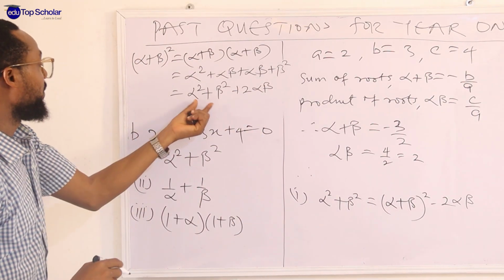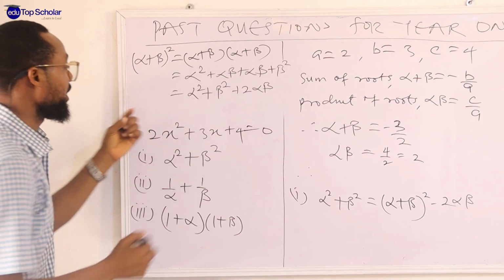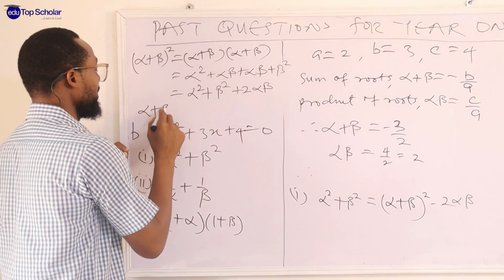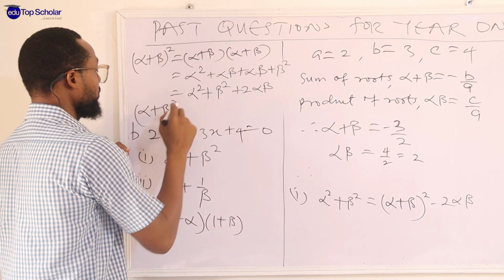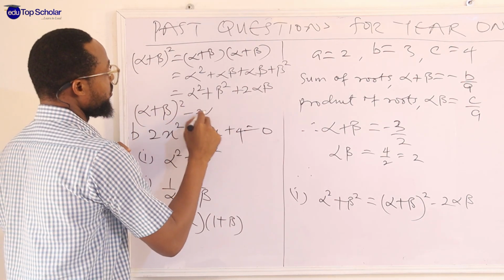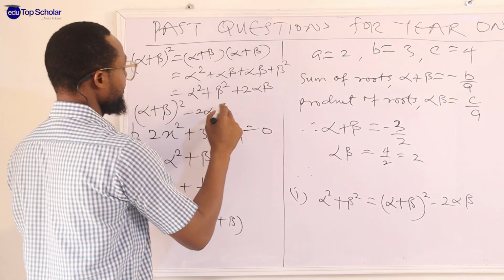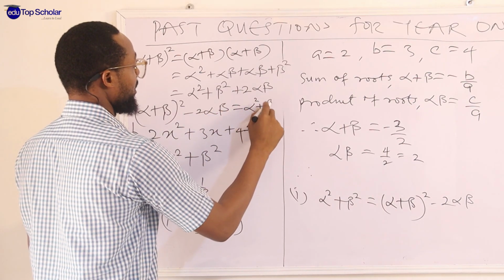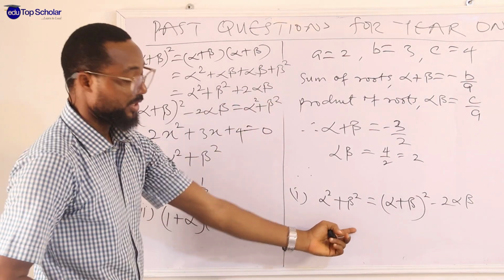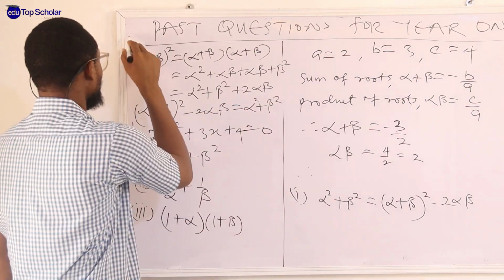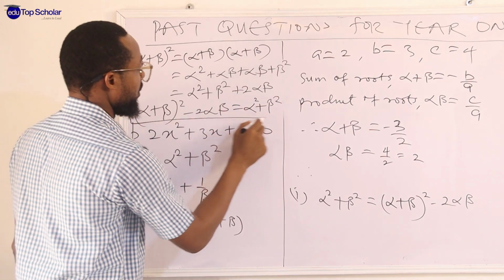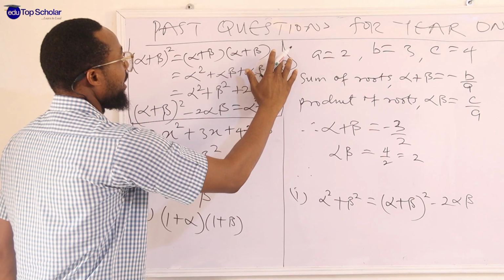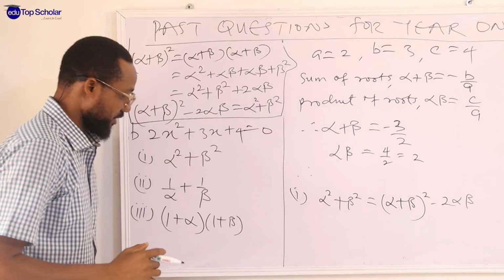So, from here, if I want to get alpha squared plus beta squared, by the time I take this guy to the other side, I have alpha plus beta all squared minus 2 alpha beta, which is now equal to alpha squared plus beta squared. So we can just put this one at the corner in our note and we can use it to prove all other forms of this.